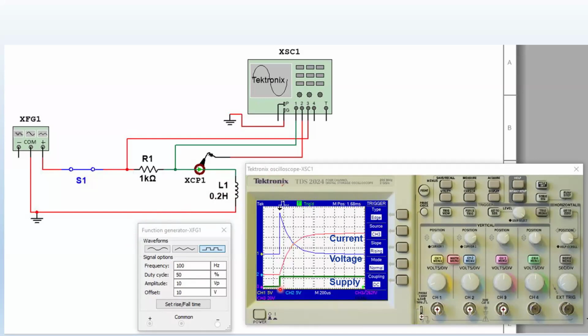The power supply changes all of a sudden from 0 to whatever it is, high. Look what's happening in the coil. Capacitors like change. Coils, the opposite, they hate change. They want to remain constant.